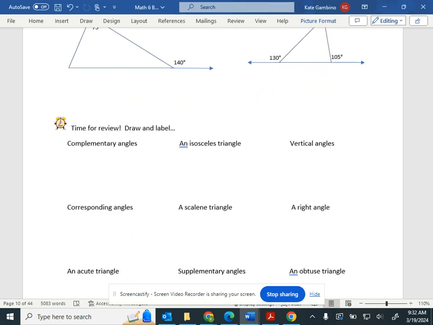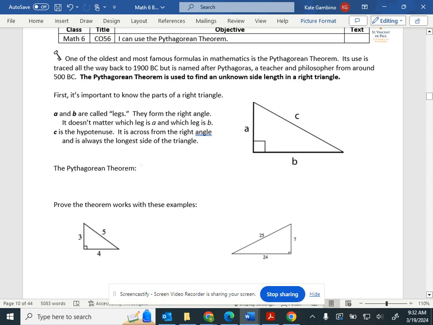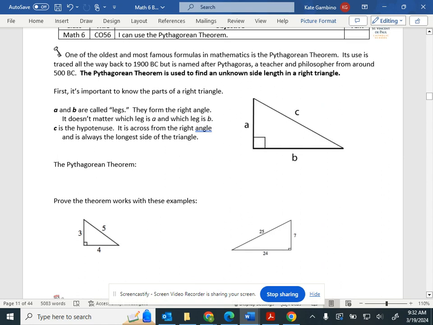All right, next objective. I can use the Pythagorean theorem. What is our Pythagorean theorem? Lilia. A squared plus B squared equals C squared.